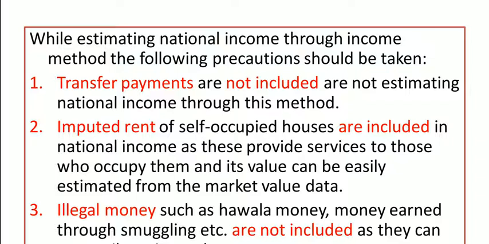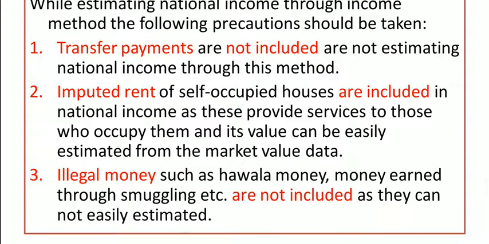Then second, imputed rent of self-occupied houses is included in national income, as these provide services to those who occupy them, and its value can be easily estimated from the market value data. So imputed rent means self-occupied houses are included. Suppose you have a five-star building and one of the floors is occupied by you and all the remaining floors you have given on rent to others.